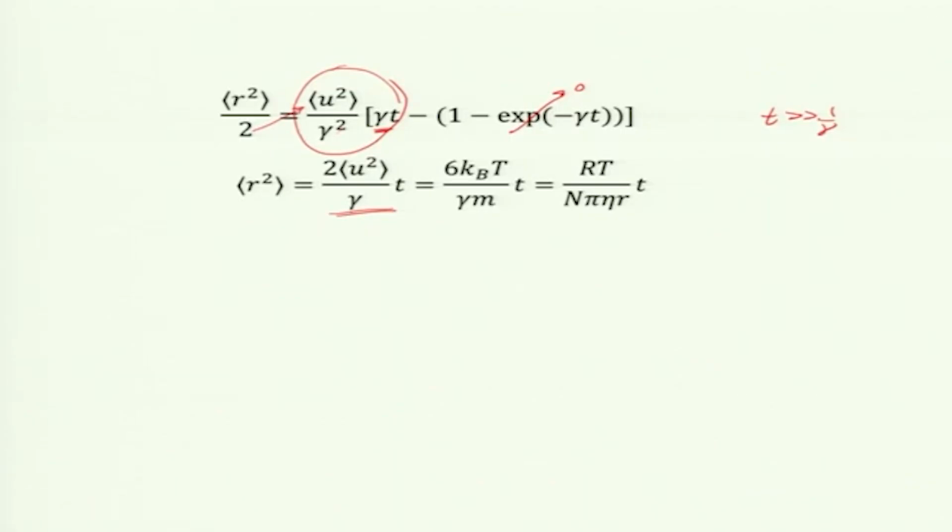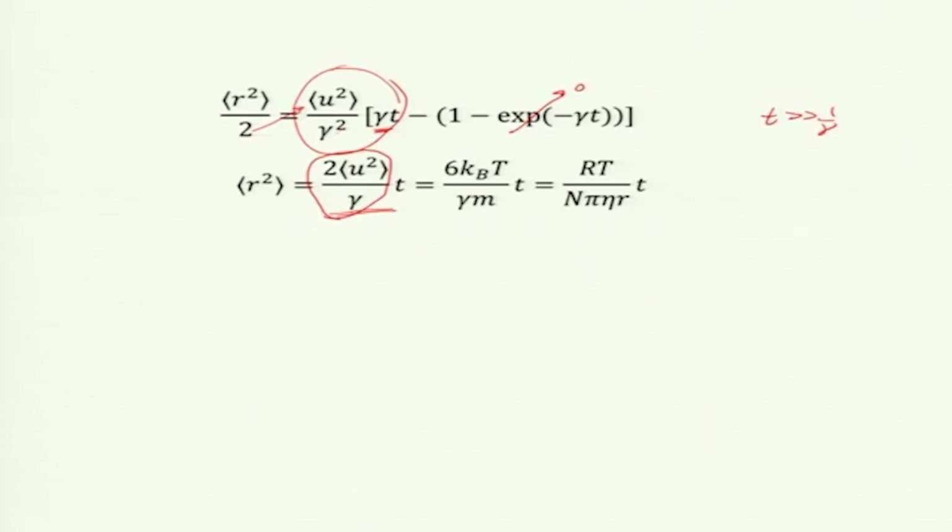R goes as square root of t in time t. Had it been ballistic, it would have gone as t squared, but because of these collisions it is losing direction very often, and on the whole it is drifting away from the origin. So r squared is proportional to t, and this is a proportionality constant.